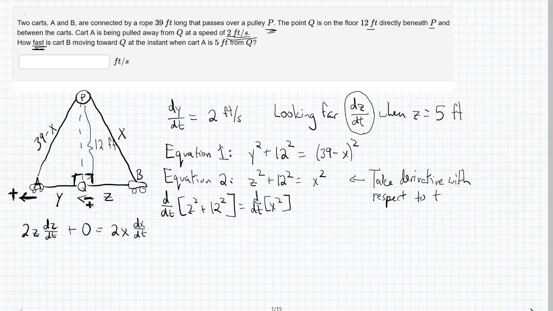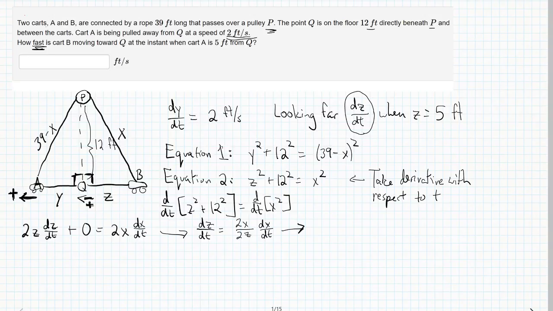So notice we can build that to a solution for dz dt. Just by dividing by 2z, you get dz dt equals 2x over 2z dx dt.